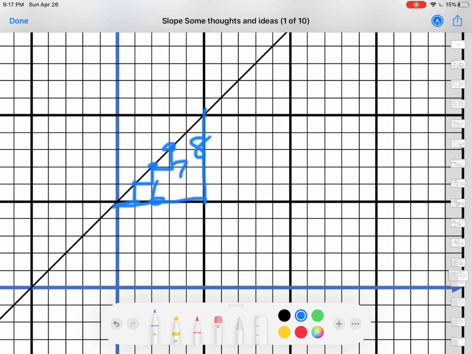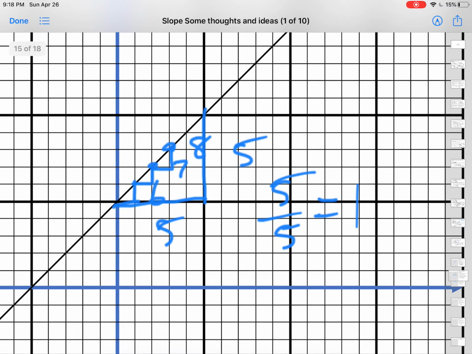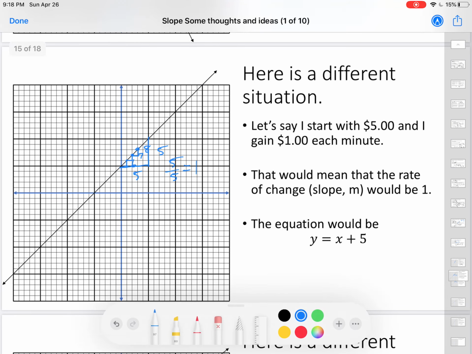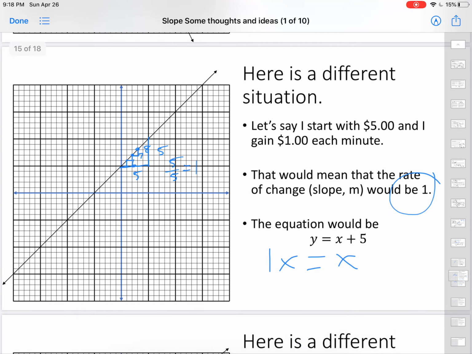Also interesting, if I go 5 over, I go 5 up. It's because 5 over 5 is equal to 1. Simplifying. The equation is y equals x plus 5. I don't have to put 1x, because 1x is just equal to x. 1 times anything is the same thing. If you don't see a coefficient, that means the slope is 1.